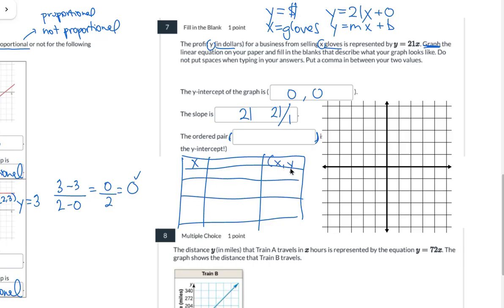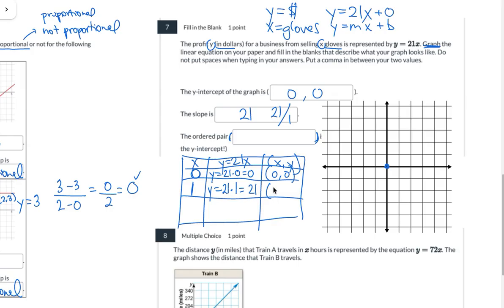Okay, so if we were to go ahead and create a table of values, I would say, okay, when I choose 0 gloves sold, that means y equals 21 times 0 equals 0. That's (0, 0). I already knew that from answering my question, but let's fill it out because I always pick 0. Now if I sell one set of gloves, that says y equals 21 times 1 equals 21.